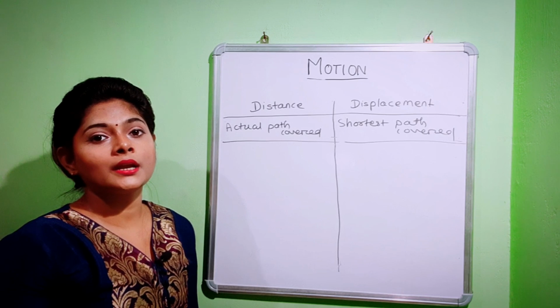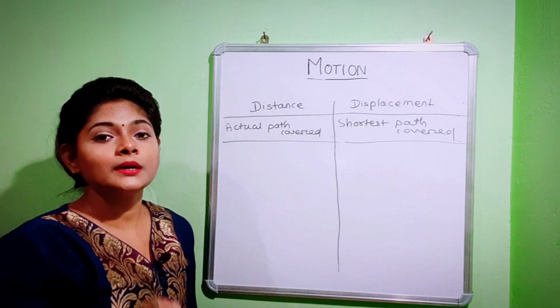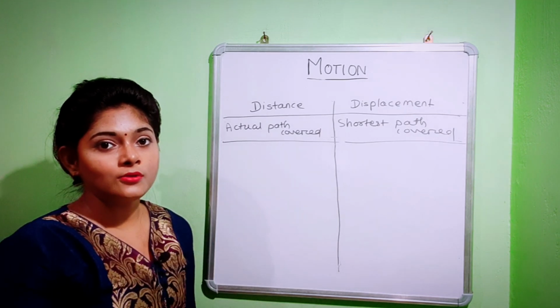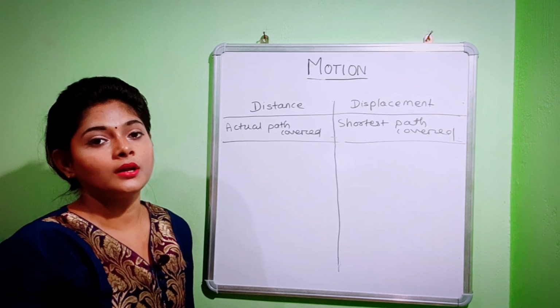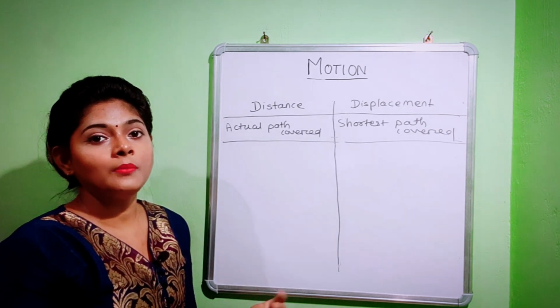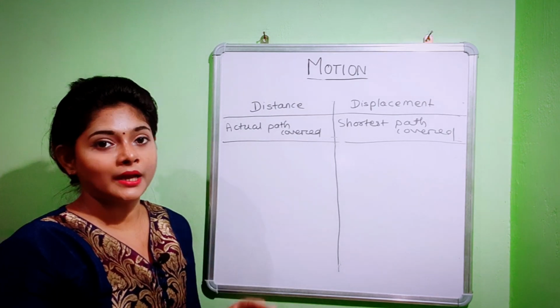So what is scalar quantity and what is vector quantity? Scalar quantity means only the magnitude is known, and vector quantity means magnitude and direction both are known. Suppose we say Ram moves 5 km, Ram moves 10 km. That is, 5 and 10 are only the magnitude.